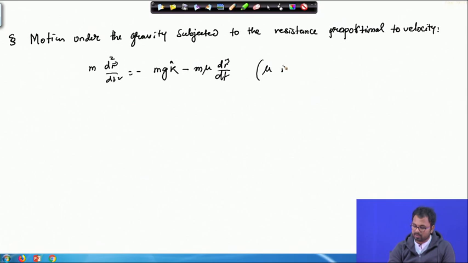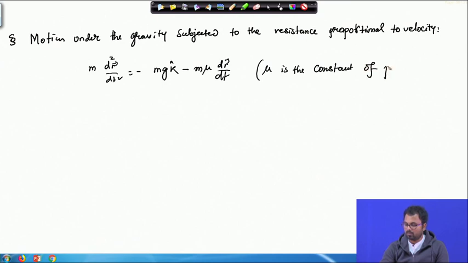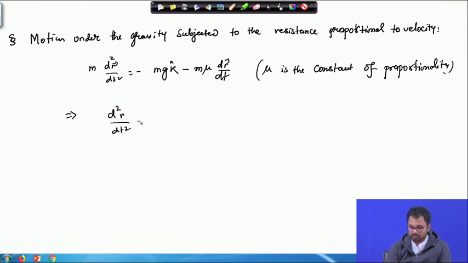So, mu is the constant of proportionality. All right. So, if you cancel m from both sides, then this is basically d square r by dt square plus mu dr dt plus g k.